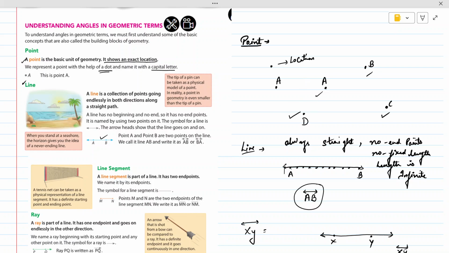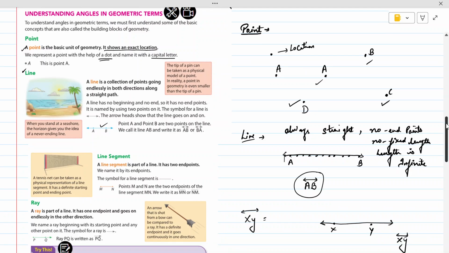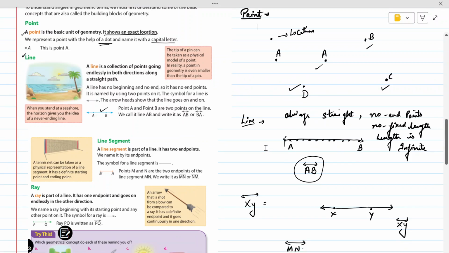Then we have learned what a line is. A line is a connection of all the points in a straight line, and it has no fixed starting point and no fixed end point. It goes endlessly in both the directions, and we can say it has infinite length.